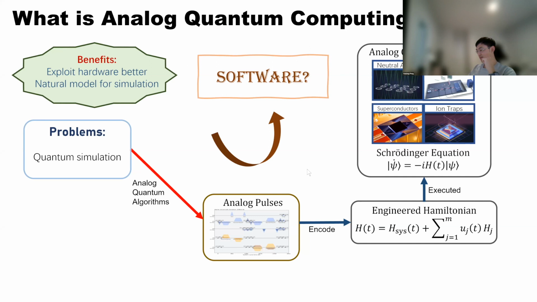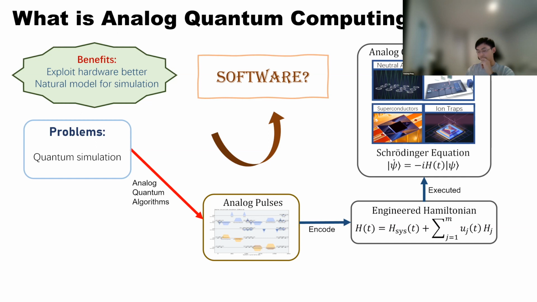However, the question here is: do we have the software to do this? Do we have the necessary programming languages, compilers, type checkers, or wave generators to do the overall thing? This concept is less developed compared to digital quantum circuits for programming analog quantum computing.